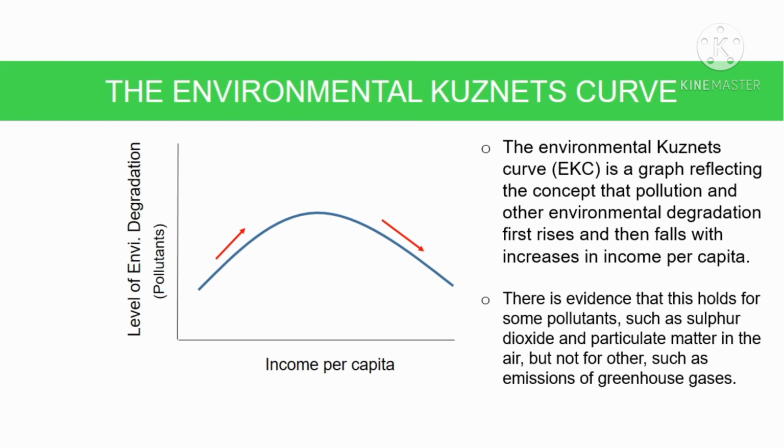Furthermore, the level of pollution as the country gets richer starts to decline because the environment becomes a normal good, and the government starts spending money to clean up the environment.